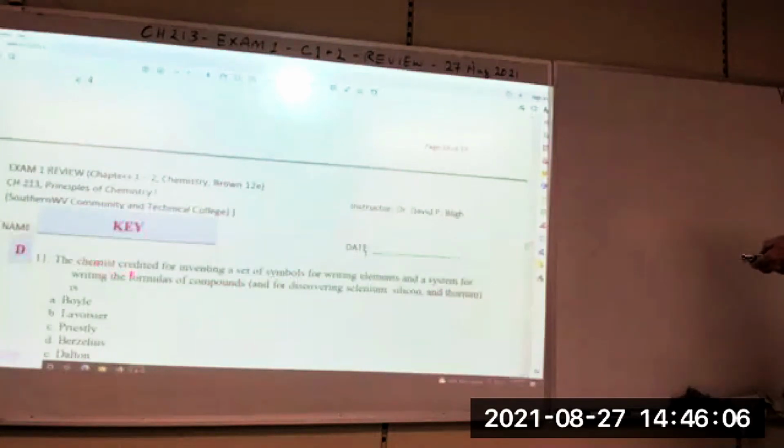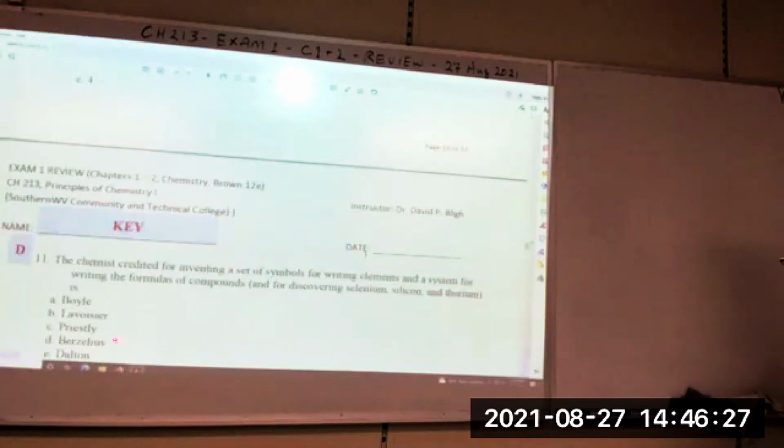The chemist credited for inventing a set of symbols for writing elements and a system for writing the formulas of compounds is who? We didn't talk about this in class. It must be in your textbook. So whose idea was it to just use letters?